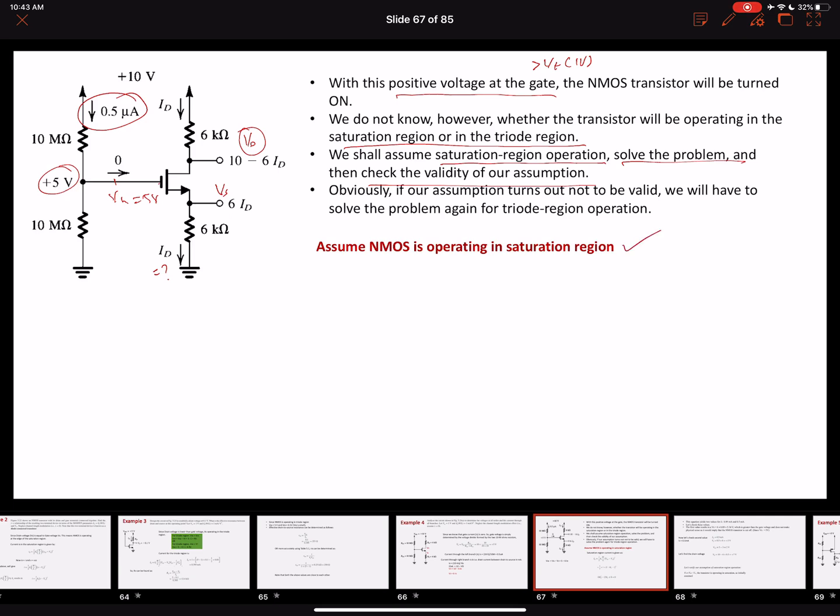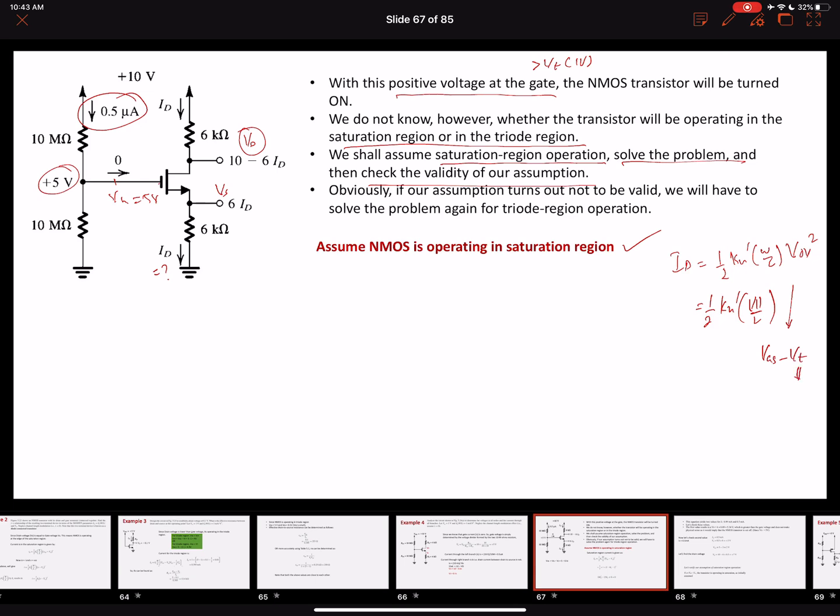For the saturation region operation, we know that the drain current is equal to half Kn dash W over L VOV whole square. This VOV essentially is VGS minus VT.